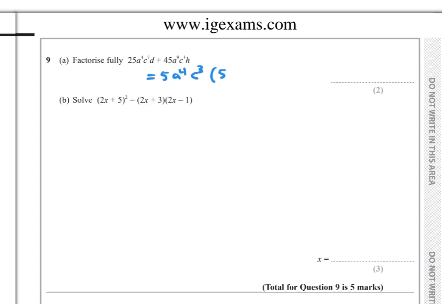So you are left with 5 c power 4, because c power 7 divided by c power 3 equals c power 4. And you have d plus 5 times 9, so 9 a power 4 times a power 5 and h.